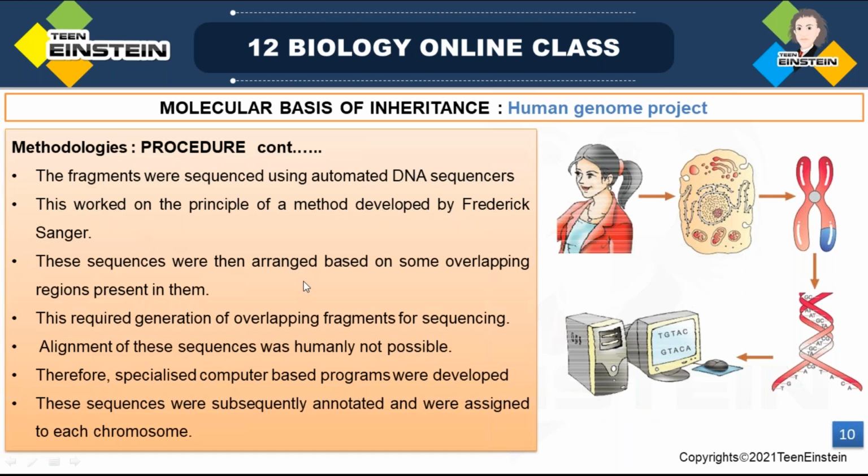These sequences have overlapping regions, and arranging them is not possible for human beings, so software applications were used. Specialized computer-based programs were developed, and the sequences were annotated and assigned to particular chromosomes, wherever they match. So these are the procedures.